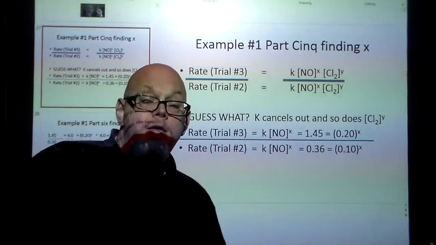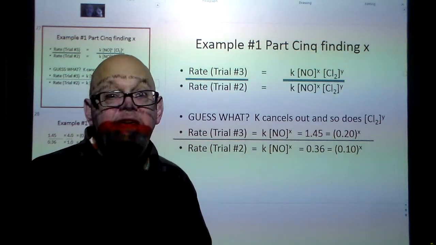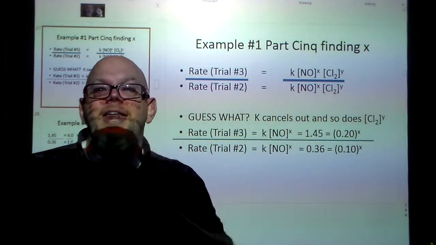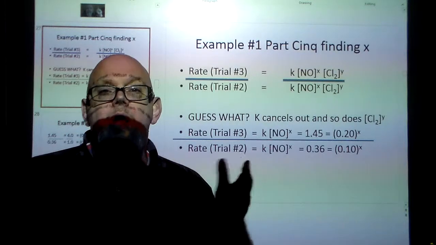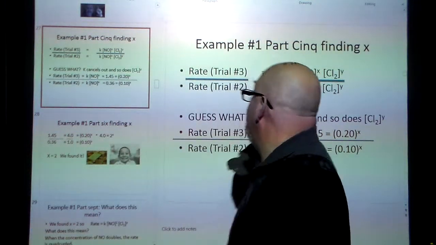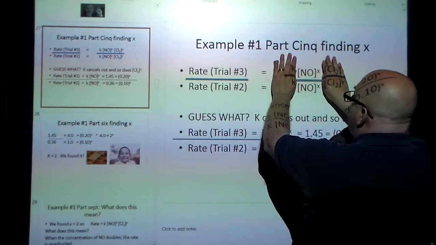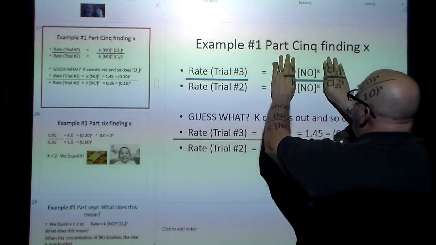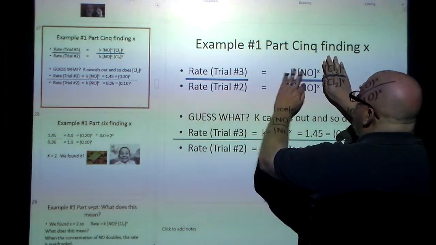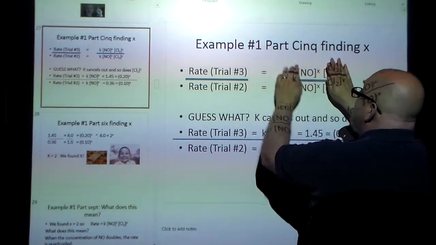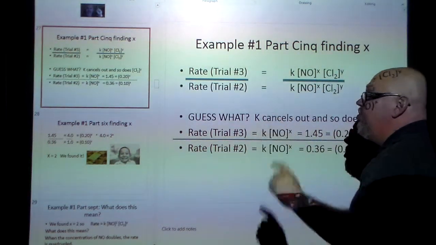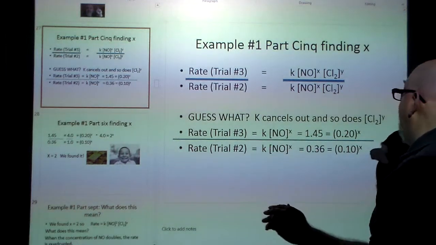If it's 0.1 or 0.15, it doesn't matter because anything over itself is 1, that basic algebra component. So that eliminates that. Look what we have left: the NO to the X here and the NO to the X here. And we know that these aren't the same. They change because we looked at that.